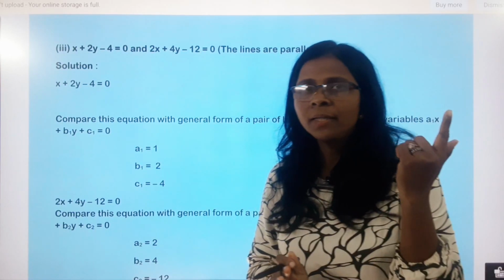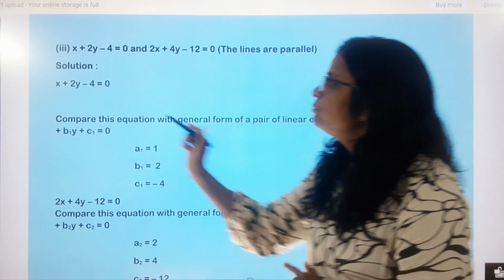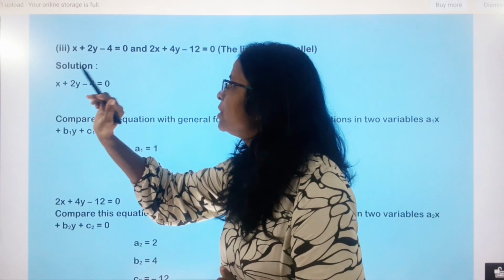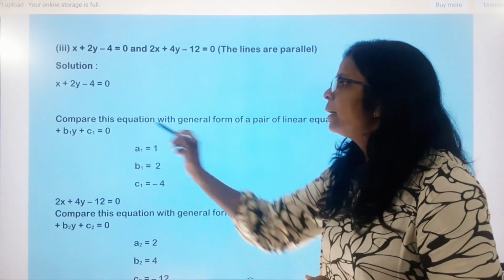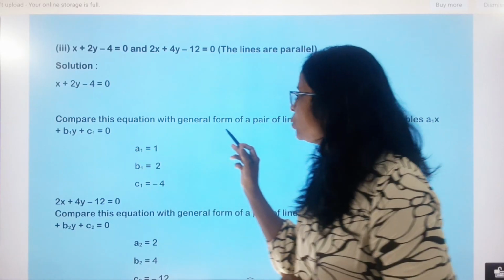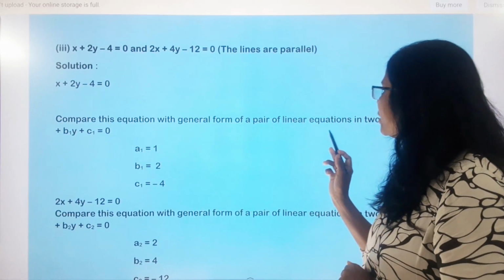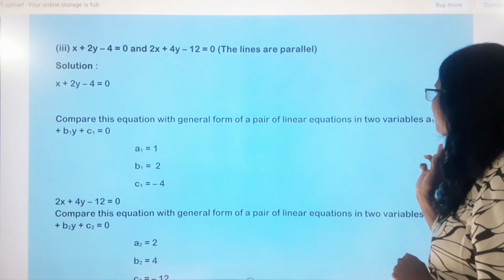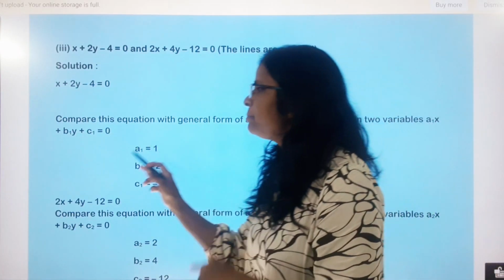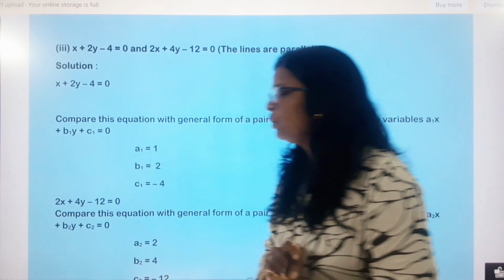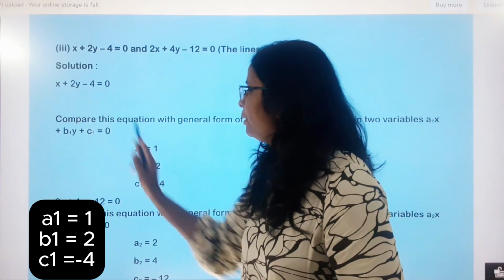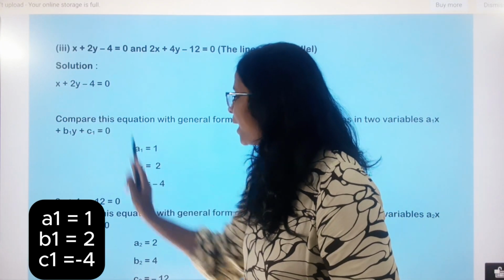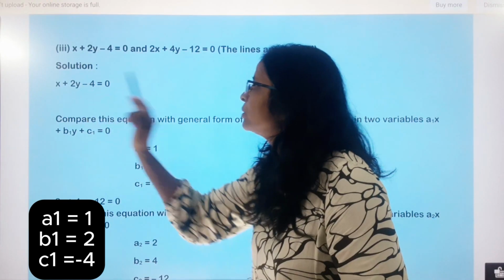So let us see the first equation, x plus 2y minus 4 is equal to 0. Compare this equation with the general form a1x plus b1y plus c1 is equal to 0. So a1 is equal to 1, b1 is equal to 2 and c1 is equal to minus 4.